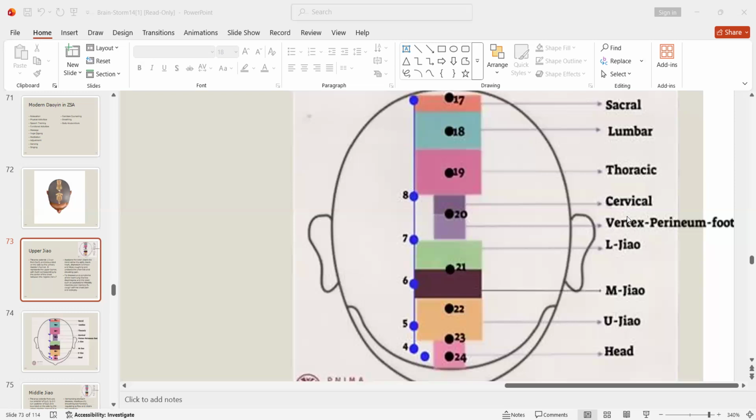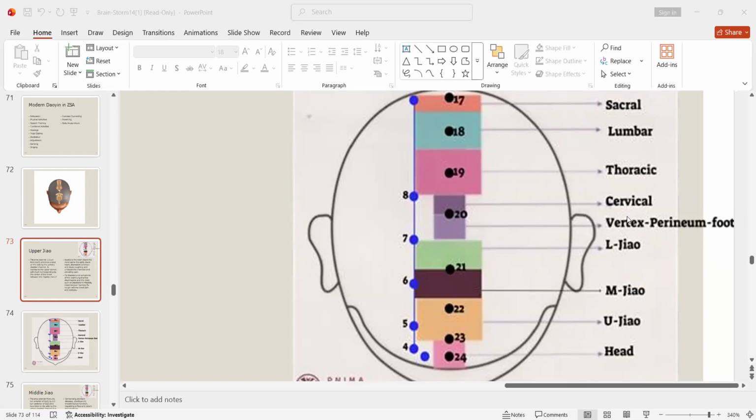The difference is, I think, 1.5 chun. Then this area goes half chun behind DU22 and 1.5 chun lateral on both sides, and it covers the urinary bladder meridian. Okay.